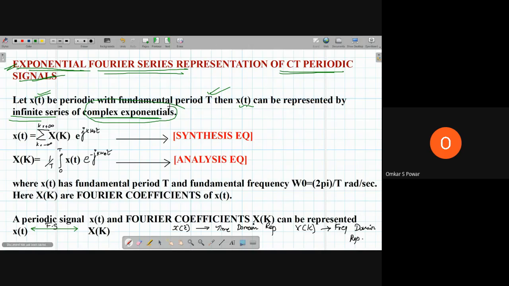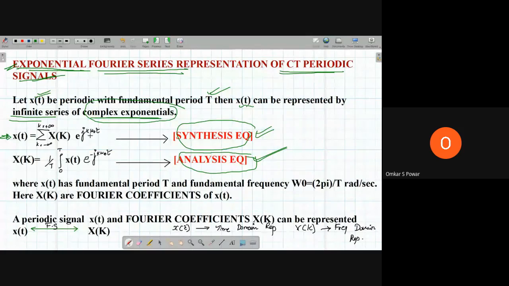We have two equations with respect to the input signal x of t: one is the synthesis equation and the other is the analysis equation. The synthesis equation is x of t equal to summation k varies from minus infinity to infinity of X of k e power j k omega naught t. I explained this equation in the previous class while giving the intuition.